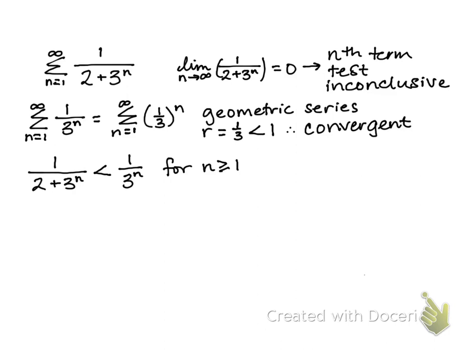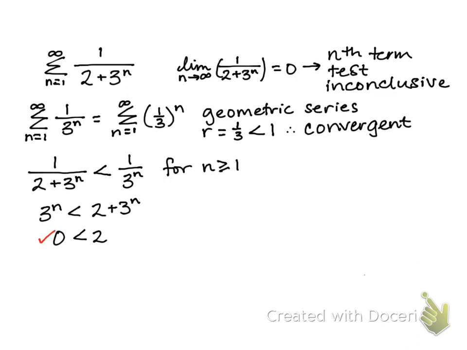Think about giving these a common denominator. 3 to the n is less than 2 plus 3 to the n, or comparing their denominators would be another way to look at this. 0 is less than 2. So that confirms that for all terms n greater than or equal to 1, 1 over 2 plus 3 to the n is less than 1 over 3 to the n.